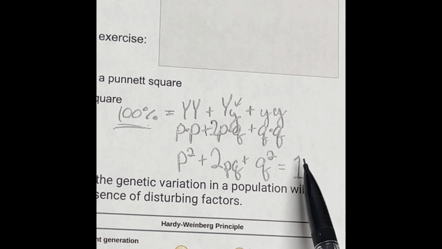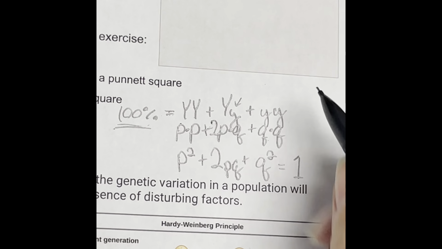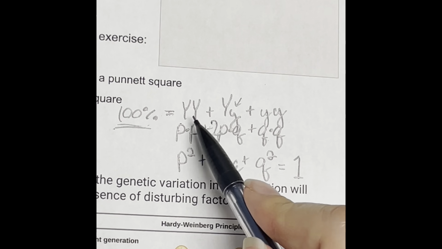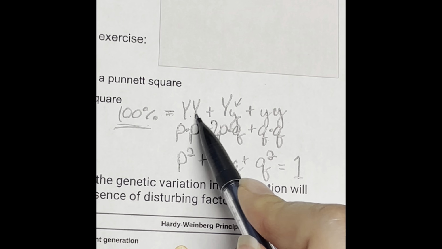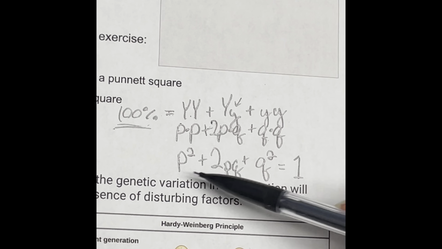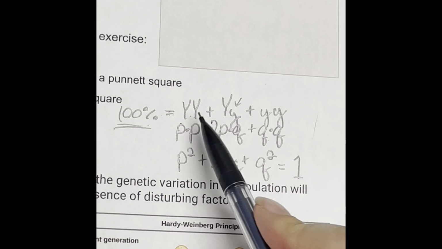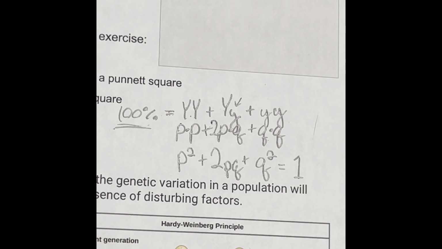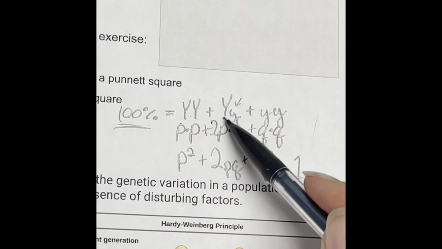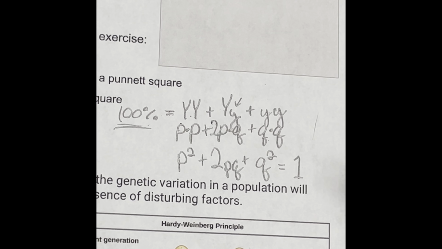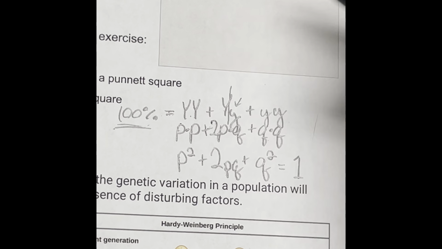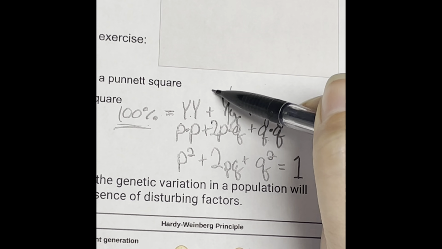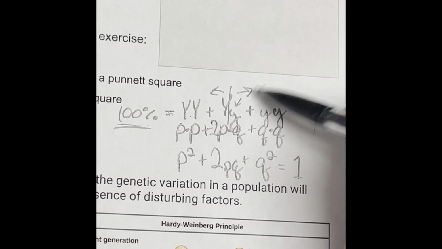Now, what if I only wanted to find the number of alleles, not the number of individuals? So this would be the frequency of individuals that have 2 dominant alleles. What if I wanted to look at the entire population and only count the dominant alleles? I don't care whether they're heterozygous or homozygous. In that case, I'm going to split this down the middle, and I'm going to send half of it to this category and half of it to this category.